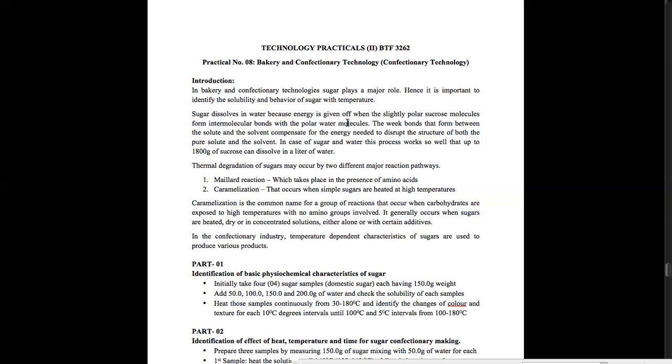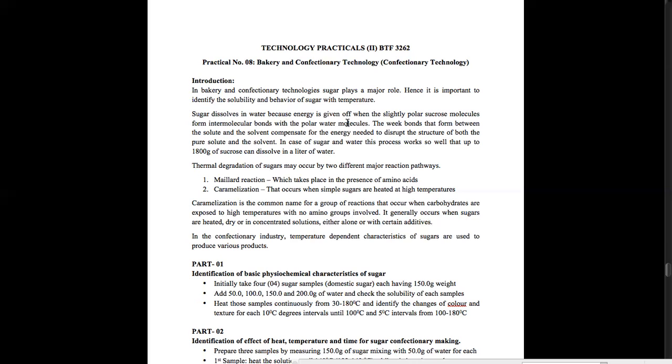So you know, sugar is a soluble raw material in water. Then we can dissolve sugar. Do you have an idea about how many grams of sugar we can dissolve in water? We can dissolve around 1,800 grams, which means 1.8 kilograms of sugar in 1 liter of water, right?